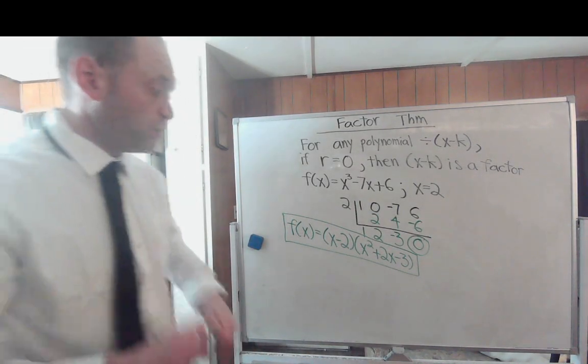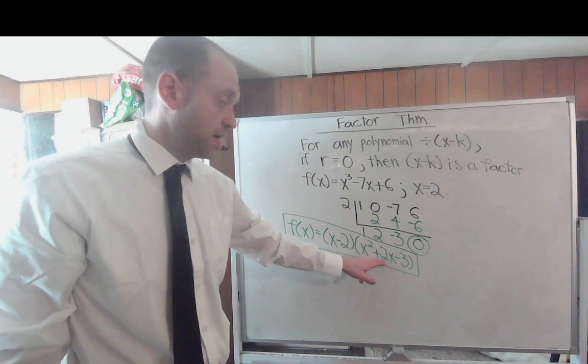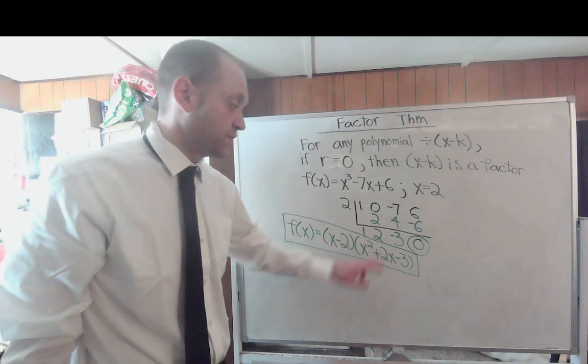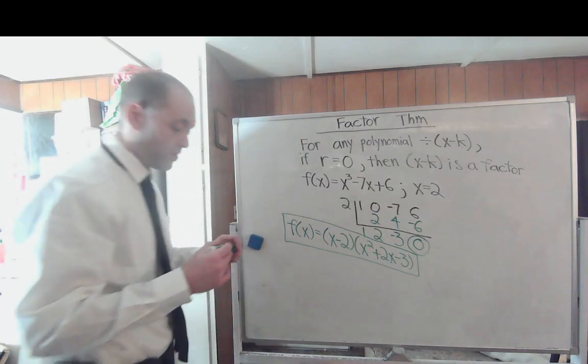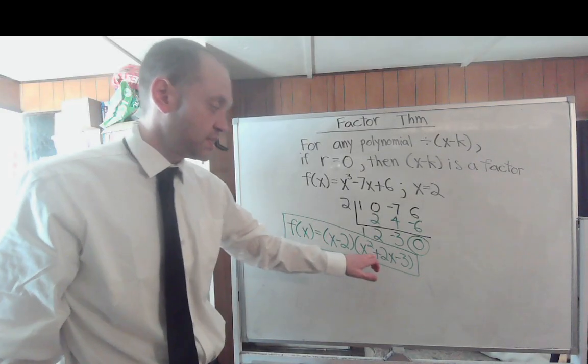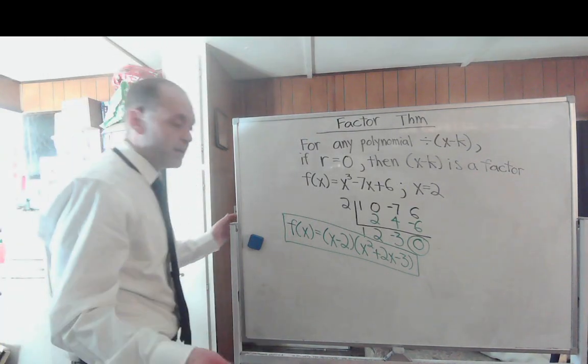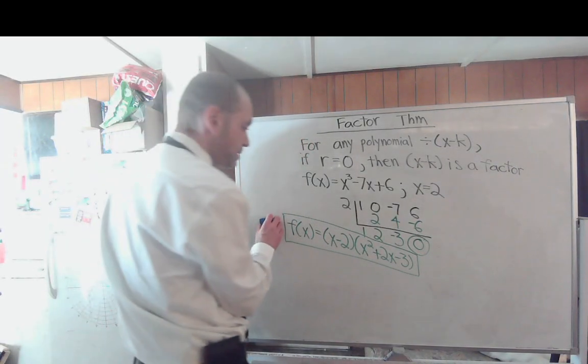We probably could factor this further, but we're not going to do that today. I just want to show how it works in its factored form between the factored and the quotient. And if you had a remainder, then you would put your remainder off to the side of that.